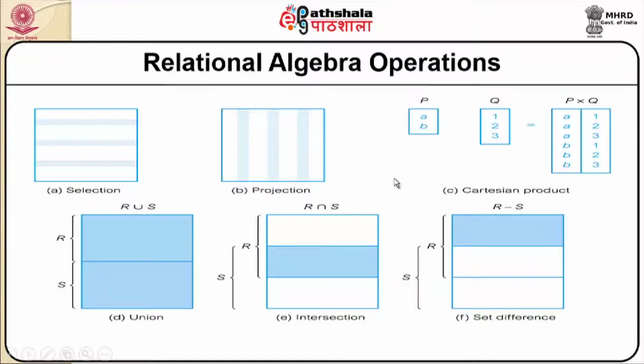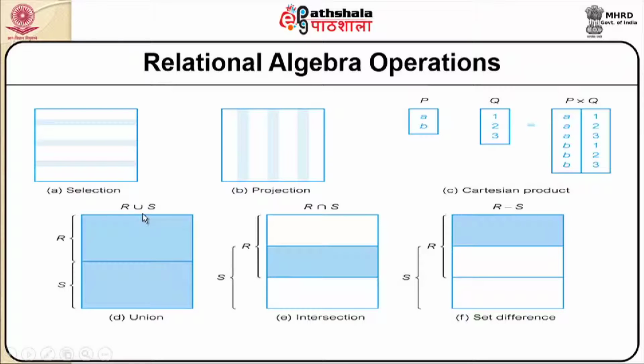When I define two different relations like P and Q, which have records A, B for P and 1, 2, 3 for Q, if I do a Cartesian product between P and Q, it becomes A1, A2, A3 and B1, B2, B3. So, this is your Cartesian product.